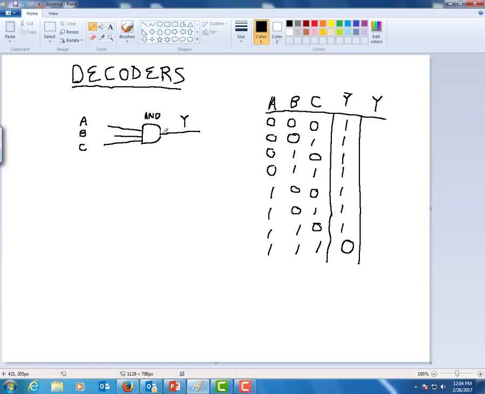So with an AND gate, the question to ask is, when is the output going to be high? Well, obviously, it's only going to occur when all your inputs are high. So in this case, 1 would be here, right? All these other cases, it's a 0, right? You can almost think of a decoder as a key, right?